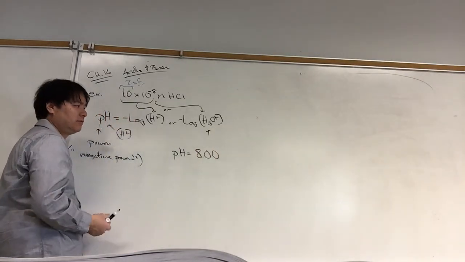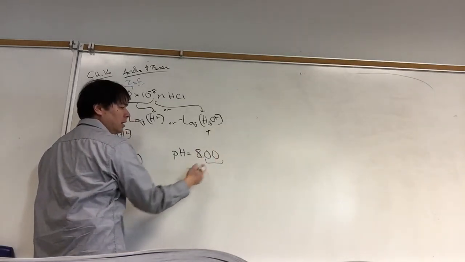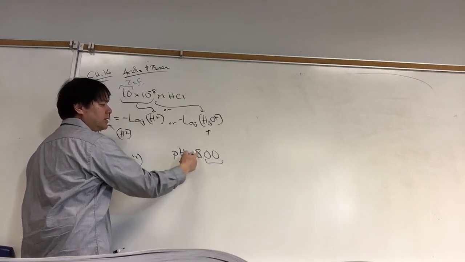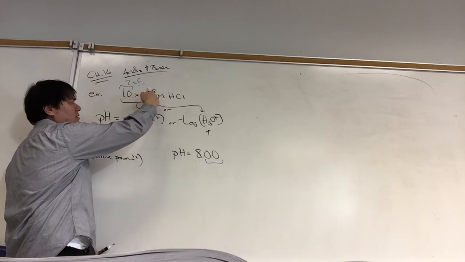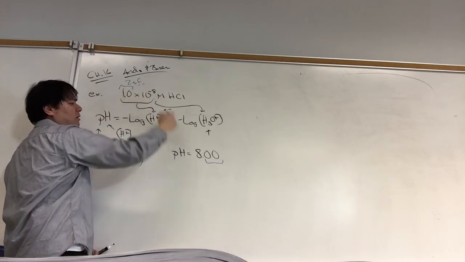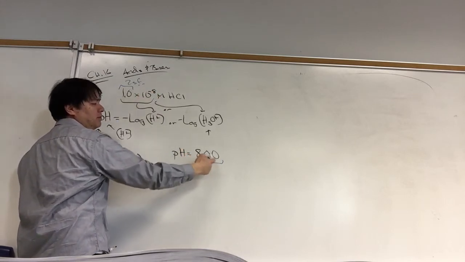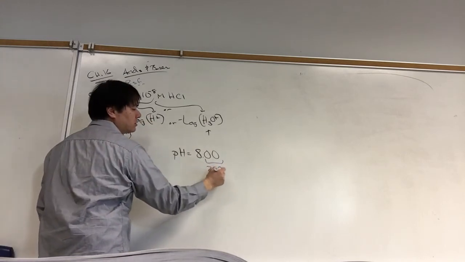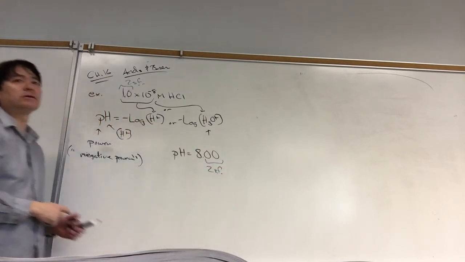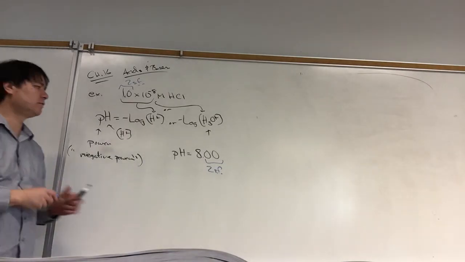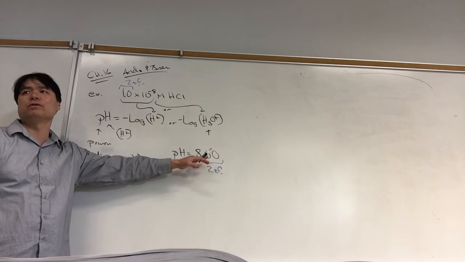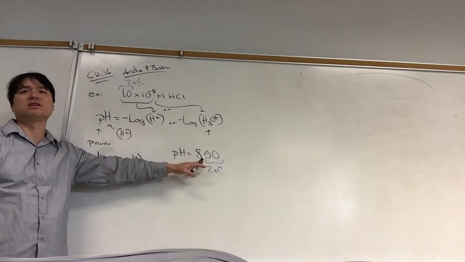Yes, this is 2 sig figs, because in power functions, everything in front of the decimal is not significant. This 8 just represents the power of the exponent here. But the stuff that comes after the decimal is related to the coefficient. And so this is actually 2 sig figs. When you're dealing with power functions in general, the way we count sig figs is after the decimal. Before the decimal is what we call the decimal placeholder.